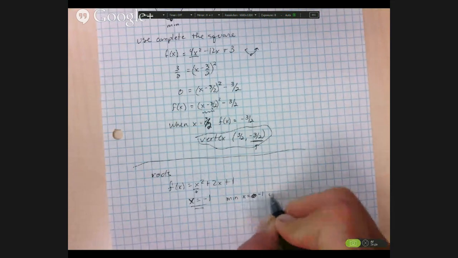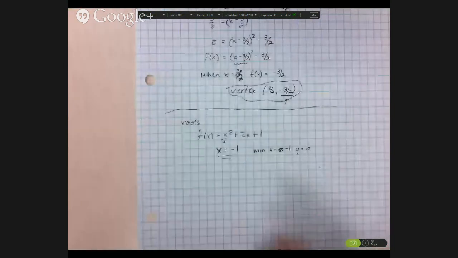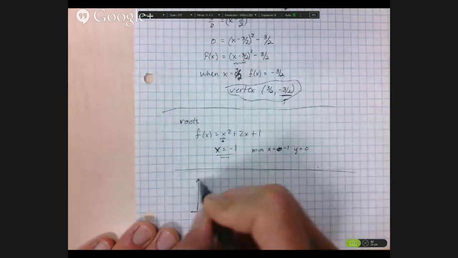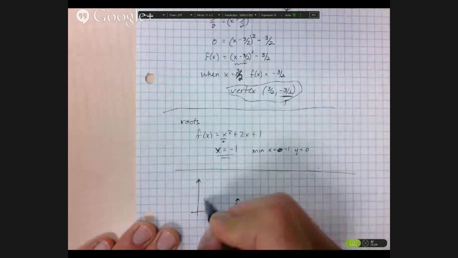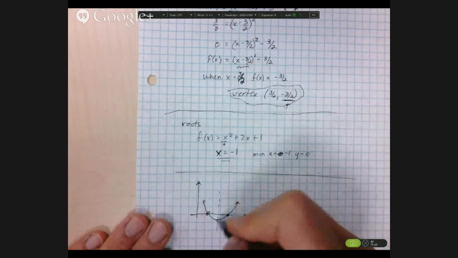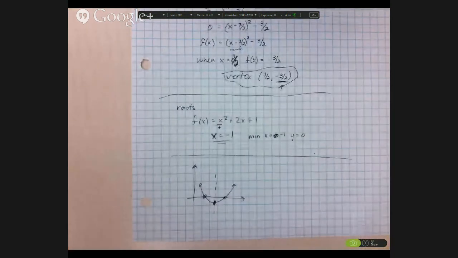X is -1, y is 0 is our minimum. Okay. Lots of other ways. Just quickly, if you find the roots, you know, right down the center of those roots is the minimum on the vertex. That's another way to look at it. I think that's enough for now.